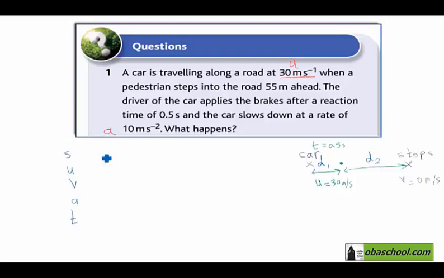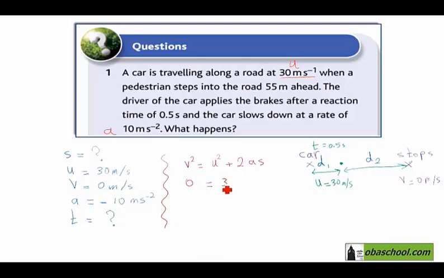Now let's put the given. We have s unknown, u equals 30 meters per second, v equals 0 meters per second, a is minus 10 meters per second square, and t is unknown. So let's use this equation, v squared equals u squared plus 2as.